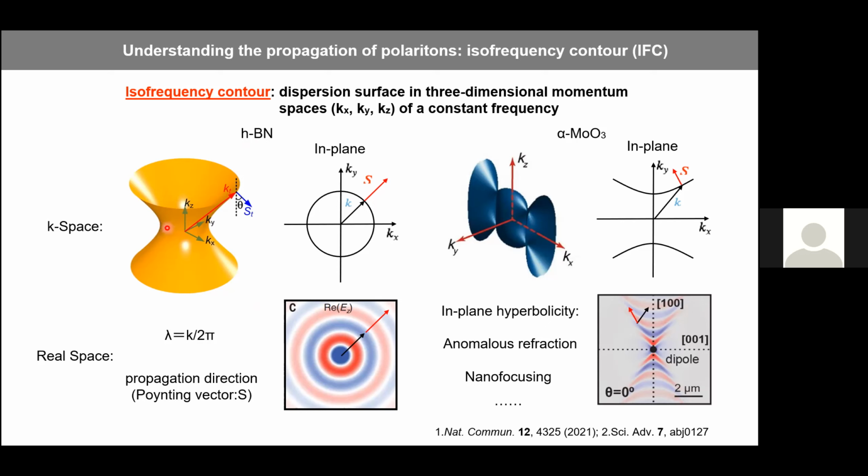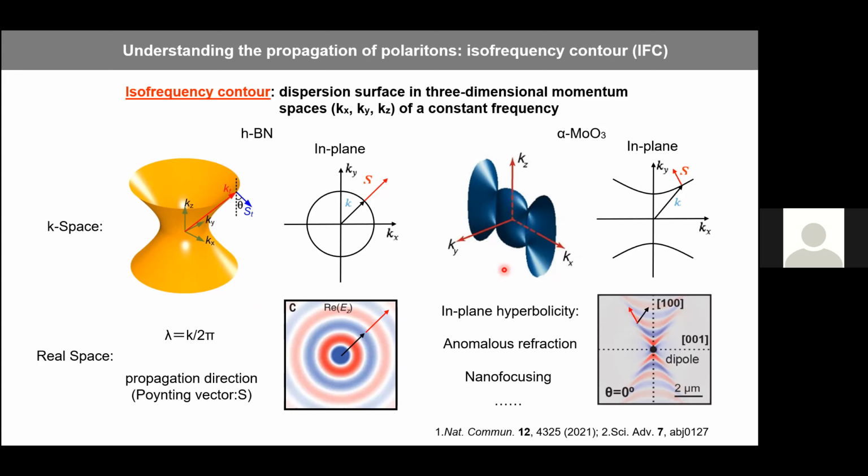But if we make an in-plane cross section here, we find it is a circle. So that means it is an in-plane isotropic medium, and the pointing vector is always collinear with the wave vector. And along every direction here, we have the same magnitude of the wave vector. Correspondingly, in real space, just as I showed you in the first slide, we will have this circular wavefront propagation.